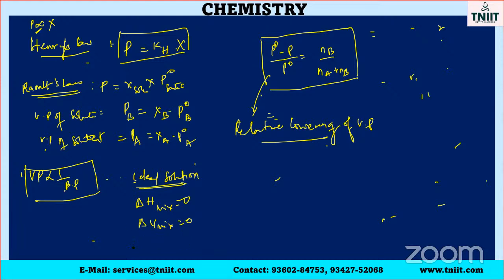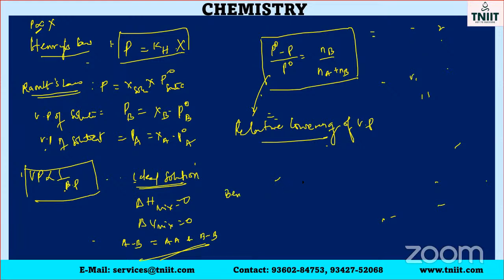And the third point in case of ideal solution is that the interaction between solute and solute is almost the same as that of solute and solvent. So when the interaction between solute and solute is the same as the interaction between solute and solvent, they are called ideal solutions. Examples for ideal solution, remember benzene and toluene.